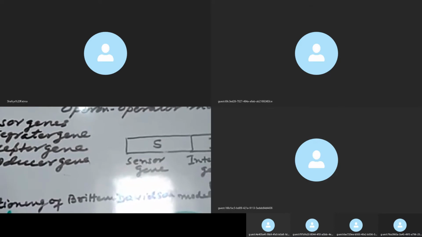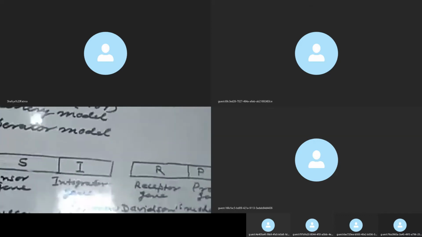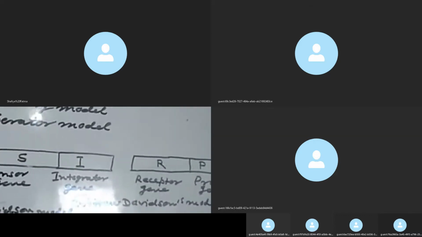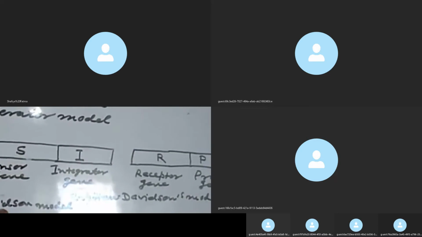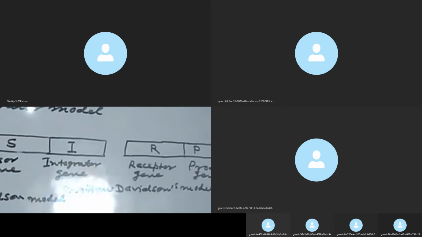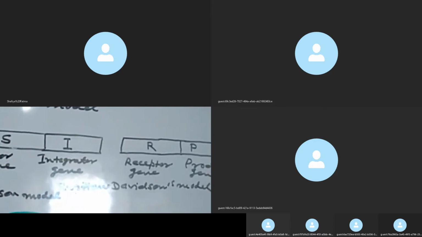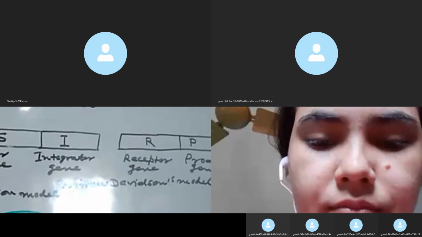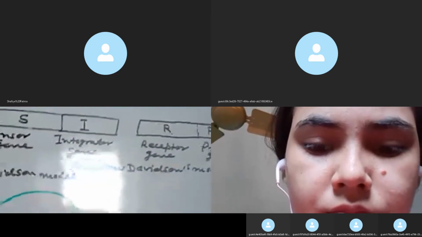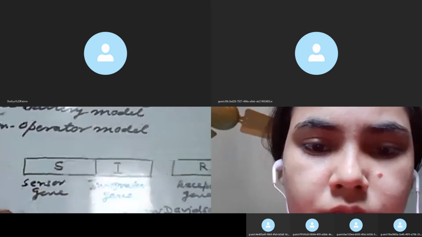When the sensor receives the signal, it gets activated and in turn activates the integrator, which produces some chemical. That chemical binds with the receptor, and this binding activates the receptor, which in turn stimulates the producer, and it leads to the transcription of the eukaryotic gene. So this is the working mechanism of the Britten-Davidson model.